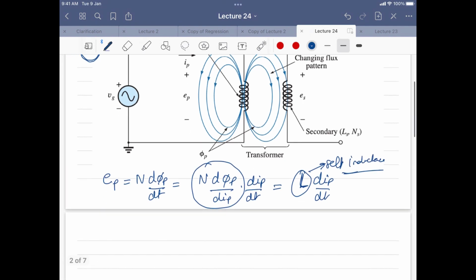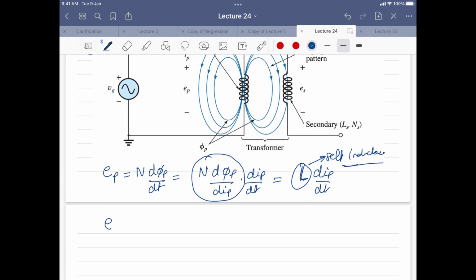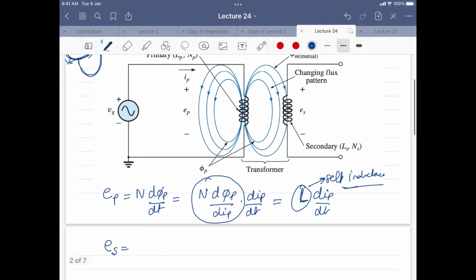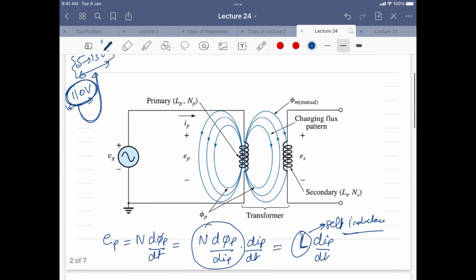Now what happens is, this ES is generated in the secondary coil, which is without any connections. This is basically because of the mutual flux which is coming. That is the main reason why this secondary voltage is generated.